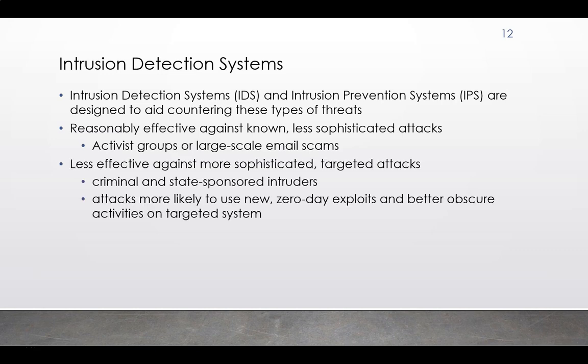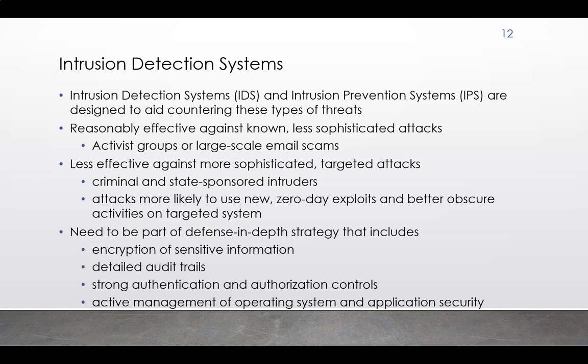However, they're less effective against more sophisticated, targeted attacks, such as those involving criminal or state-sponsored intruders. The attacks are more likely to use zero-day exploits and, of course, better obscure the activities of the attacker on the system. So, as we've stated a moment ago, such systems need to be part of a defense-in-depth strategy.